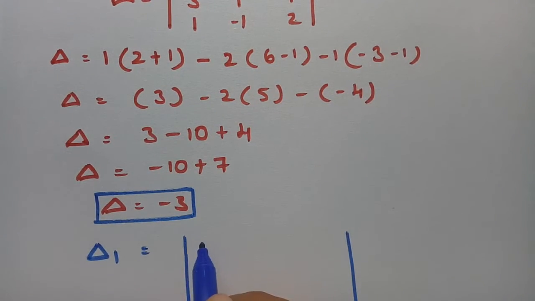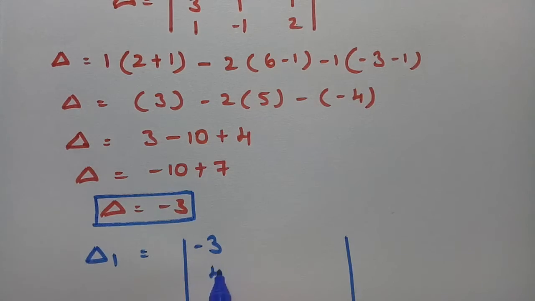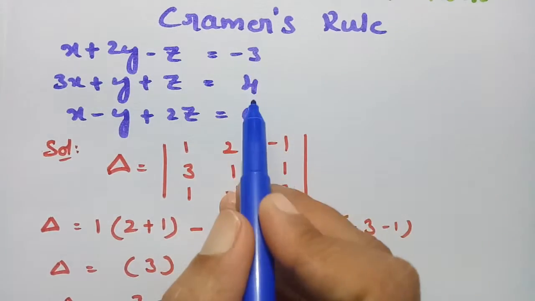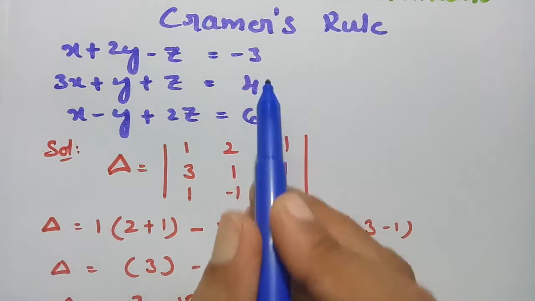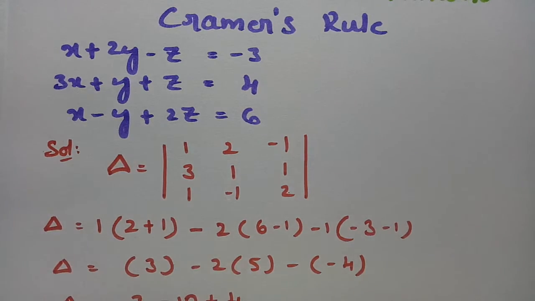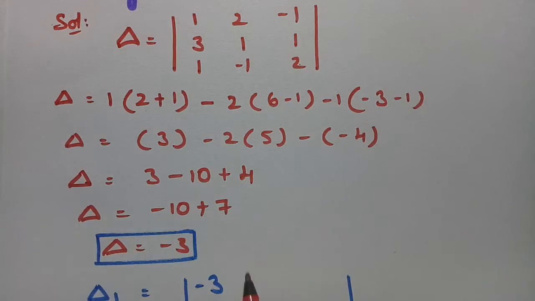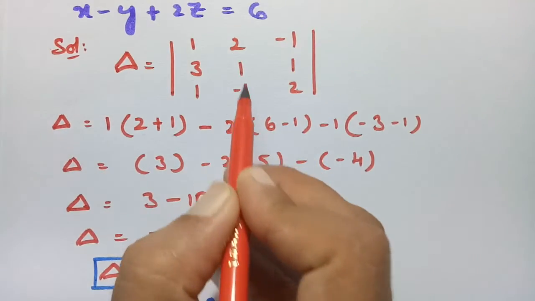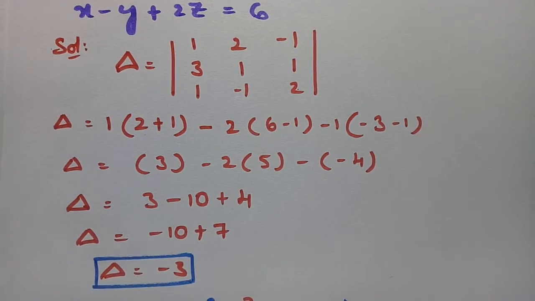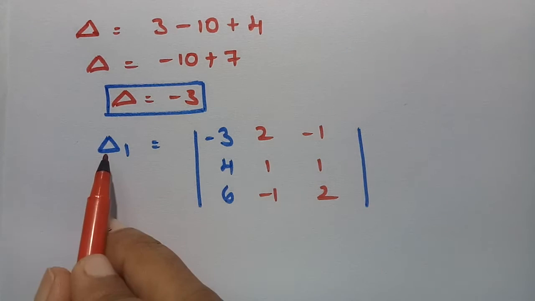So in delta 1, column 1 is replaced by minus 3, 4, 6, and the rest are the same: 2, 1, minus 1; 2, 1, minus 1; and the next one is minus 1, 1, 2. So this is delta 1.